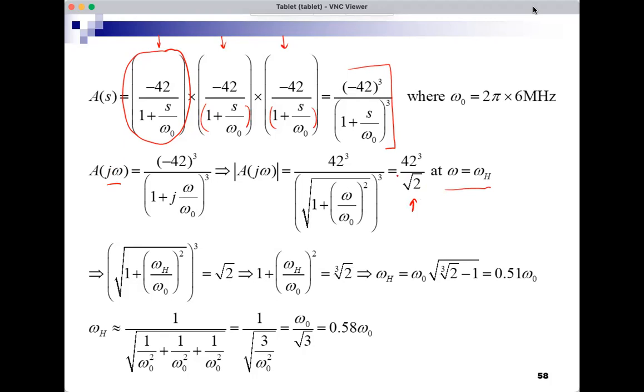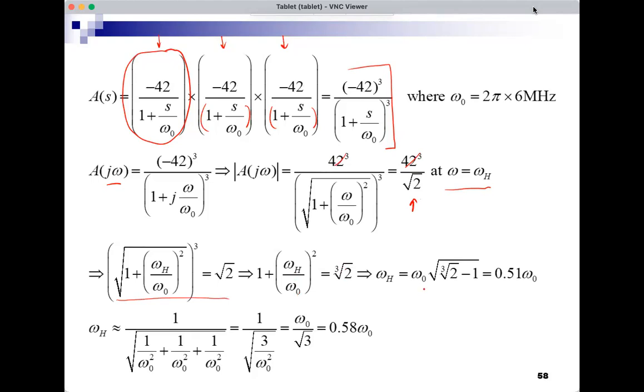And we get this equation, which is not too bad. Actually, we can simplify it. So the 42 to the power 3 would cancel, and I need to solve now this equation. I take the cubic root of the 2 sides, and I get 1 plus omega H over omega 0 squared is the cubic root of 2.